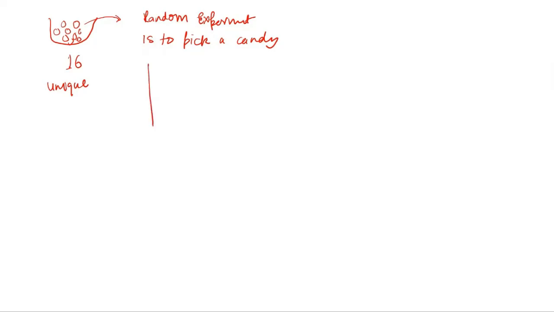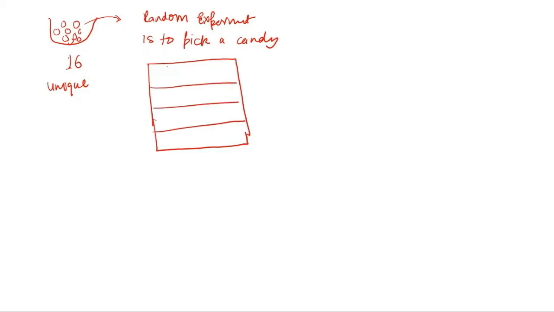So the sample space, if I make this a square, will be divided into 16 outcomes, each denoting picking of a particular candy.